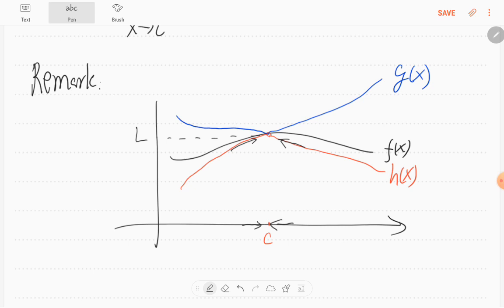For g of x, it will also approach this point. So for the values on the f curve, there's no other choice. The points on the curve will have to approach this point, which has the value L. So this is the geometric meaning of the squeeze theorem.